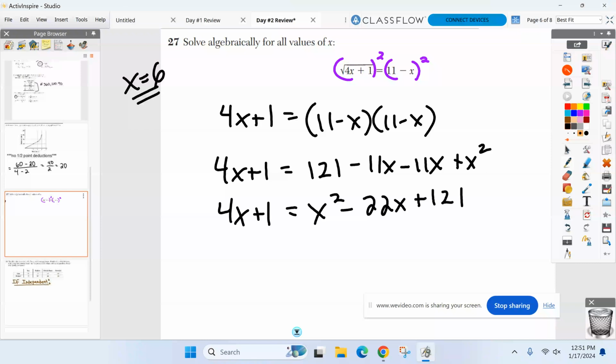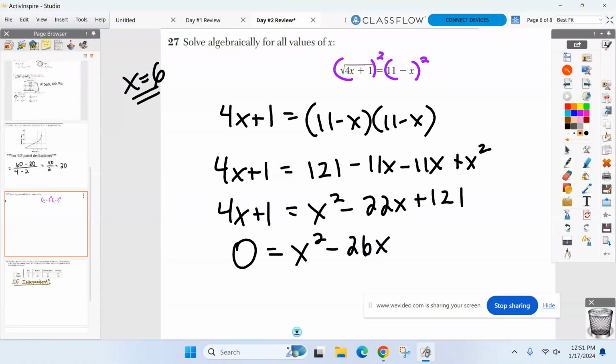Any issues there? Because that's the last thing I want, having trouble there. All right, next move. Equal to 0. Yep, get that thing equal to 0 so we can look to factor. All right, so if I move over the 4x, I'm going to get a what? Negative 26x.